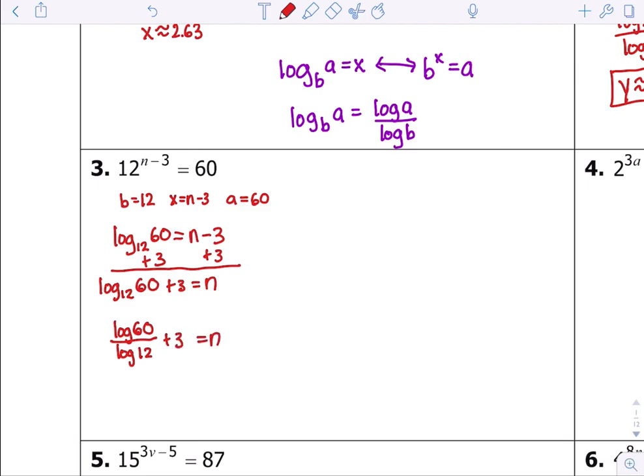In your calculator, do log 60 divided by log of 12, then add 3, and we get n is roughly around 4.65.